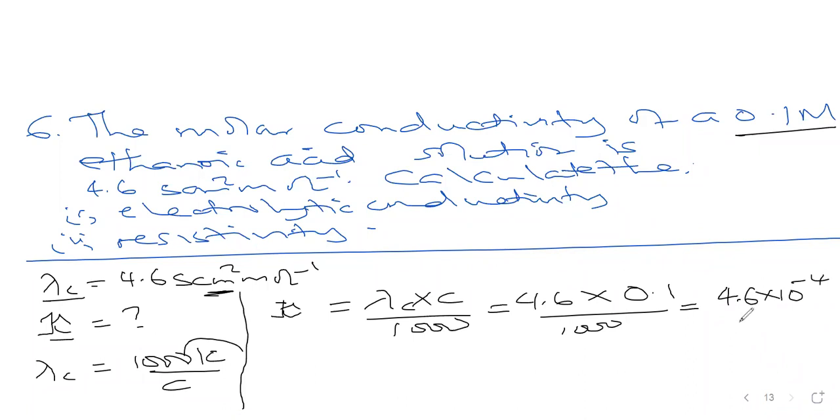What are the units, by the way? The 4.6 is S centimeters squared per mole. Concentration here is moles. By multiplying by 1,000, we convert that moles to moles per centimeters cubed. That's the purpose of that 1,000. So the 1,000 is not needed, it has no units here. Now, what will be our units in this case?